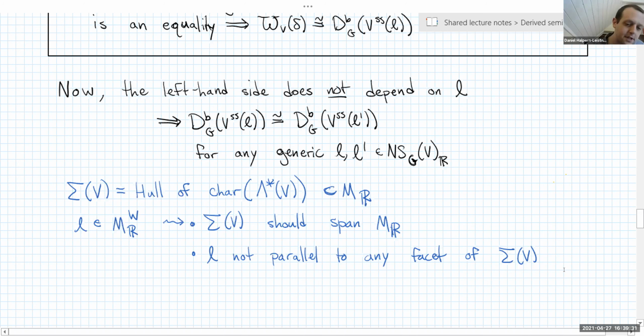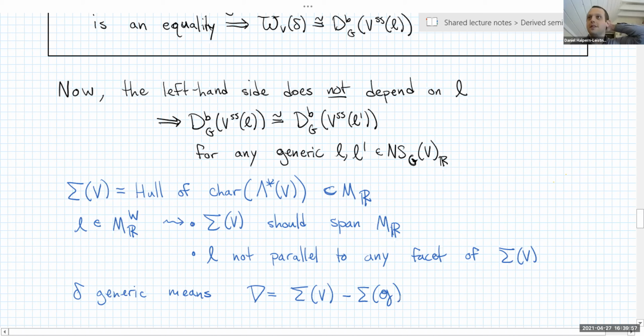And then for delta, that's what it means for L to be generic. Delta generic means I can take this Minkowski difference. I don't know if that's even a thing, but I'm calling it a thing.